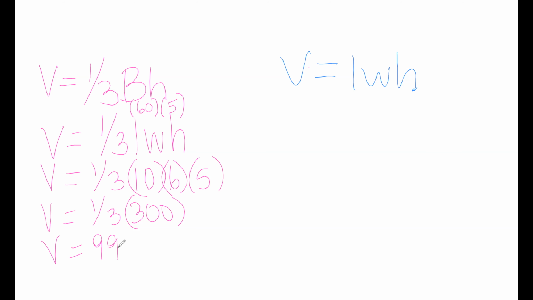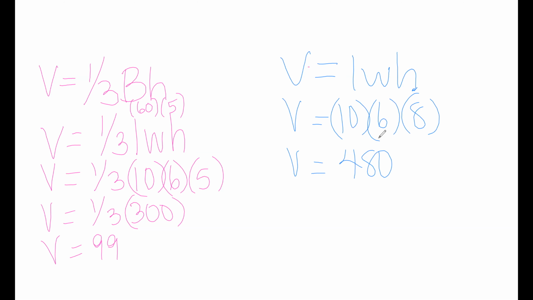So now you have the volume of the rectangular prism. So here you have to say that the height is now how much? That is 8, I believe. Exactly. So that's the thing that's changing. 8 times 10 times 6. So for this one, you've got 480.